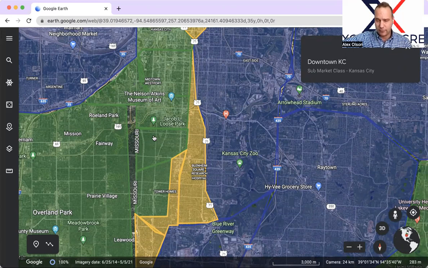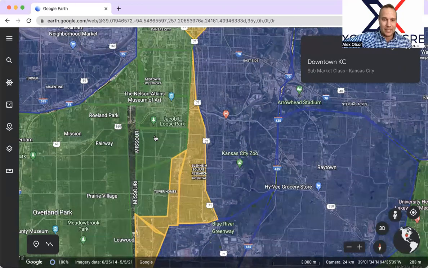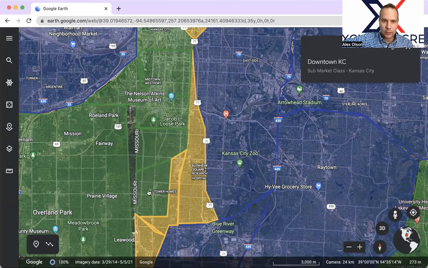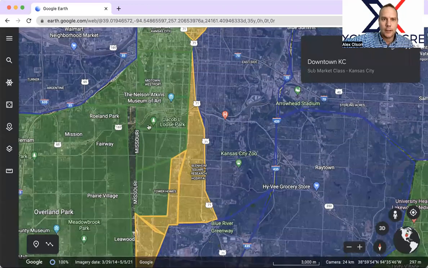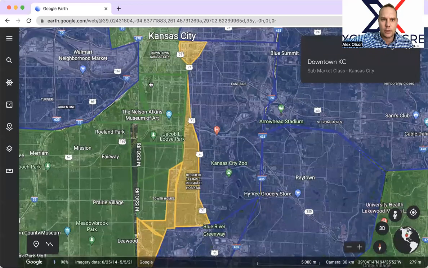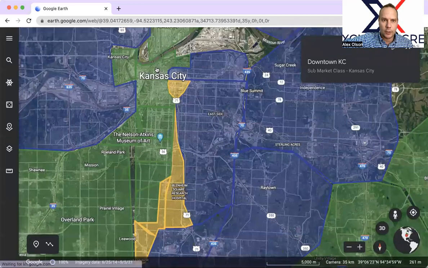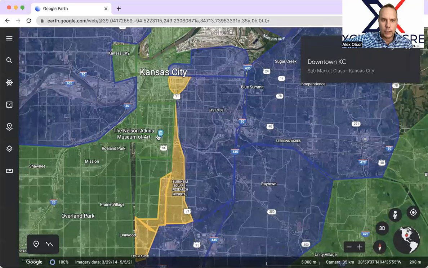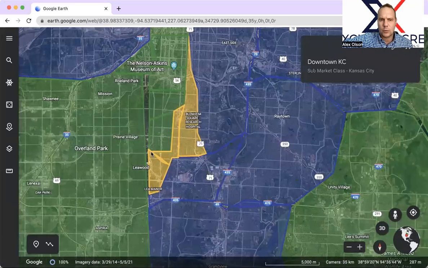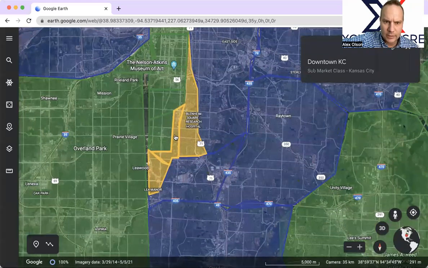There's not a ton of multifamily in that area. And Waldo, similar, not a ton of multifamily there in Waldo. This is what many of us would classify as the urban core, downtown all the way through to this part here. And this is where you get into more of a suburban feel at times, but this particular corridor is just east of Troost.